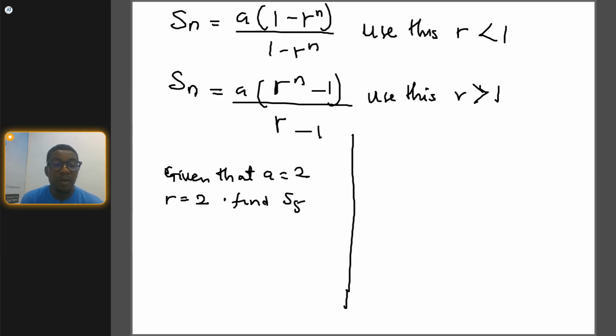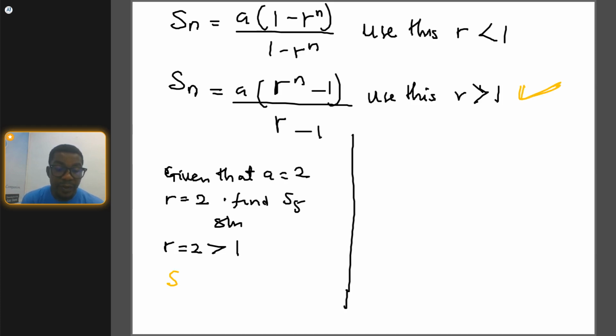That is, find the sum of the first 5 terms. Okay, solution. Now you need to check r equals 2, and 2 is greater than 1. So that means I'll be using the second formula.